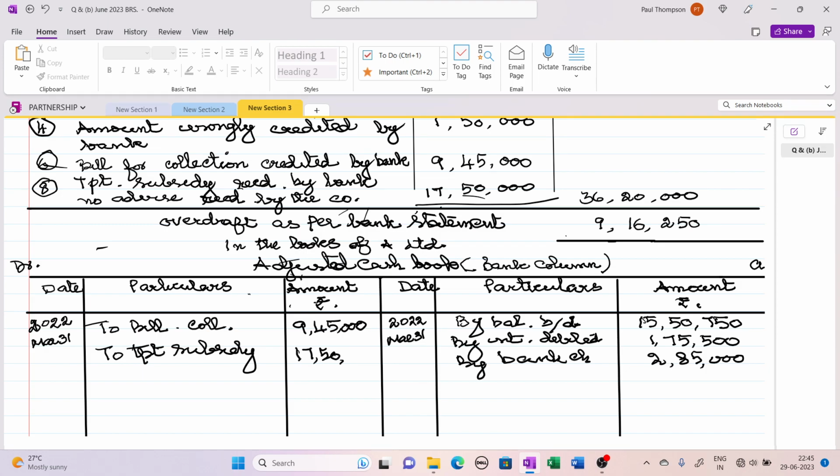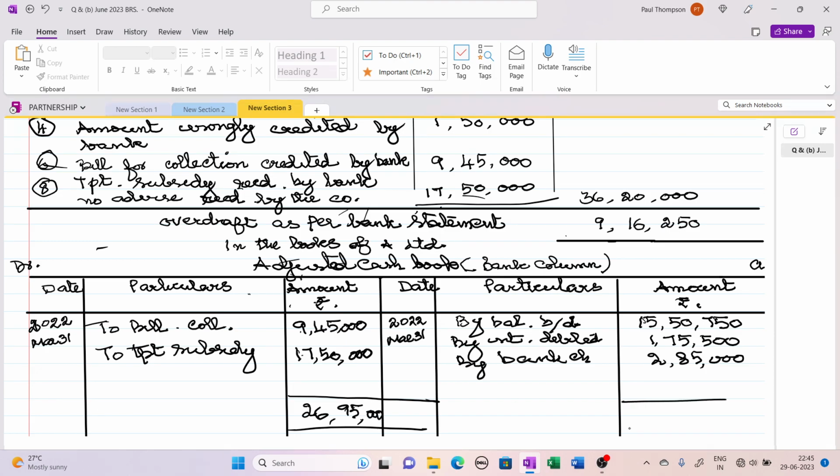17,50,000. Now you see in the cash book, the balance on the debit side is more than the credit side, because this is 17 and 9 is almost 28. Here it is 18. So the balance is a favorable balance if you adjust the cash book. So this total comes to 26 lakh 95,000.